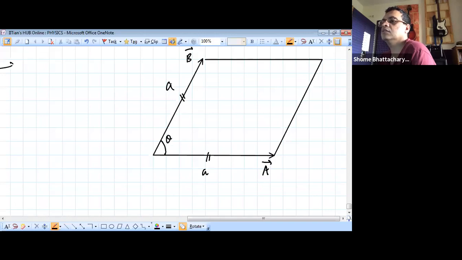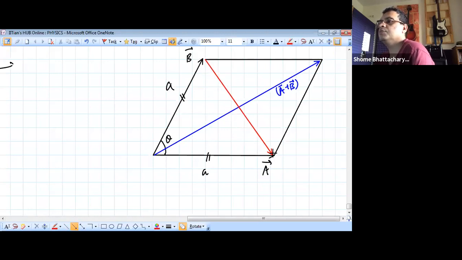and this whole angle is theta, then the primary diagonal, which is the sum vector, bisects this angle. And the secondary diagonal, which is the difference of the two vectors, becomes a perpendicular bisector of the primary diagonal.